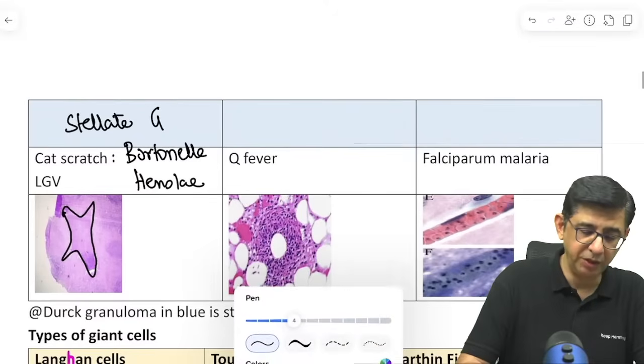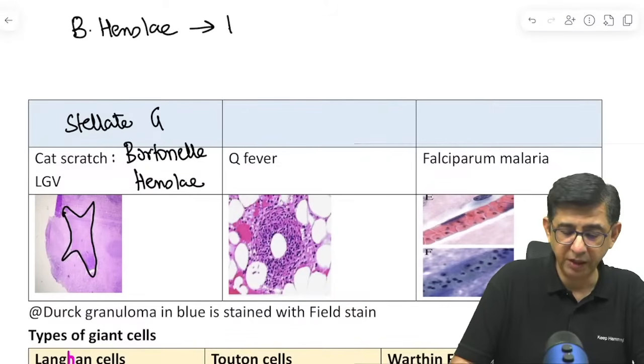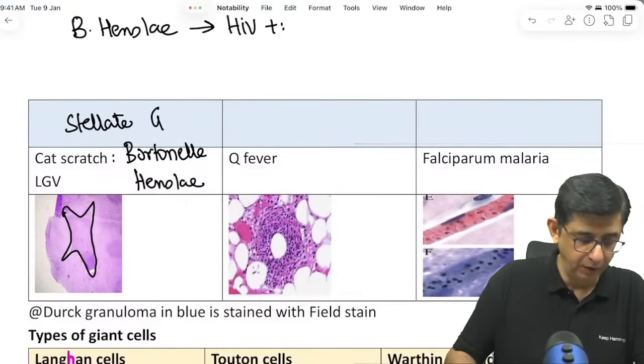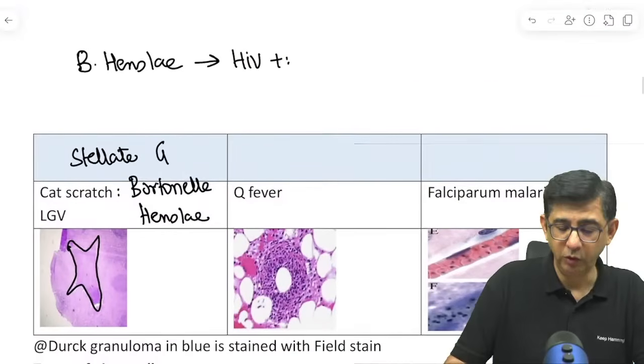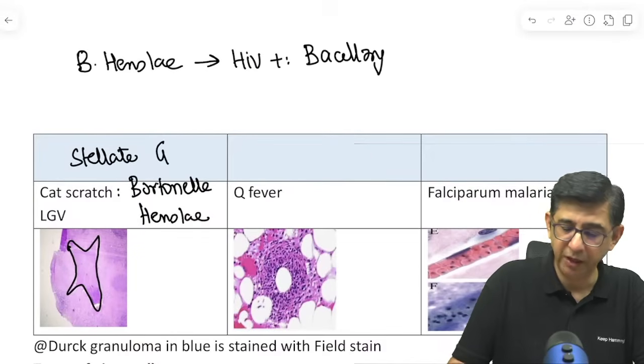Let me just attempt a few more granulomas. Bartonella henselae in an HIV positive patient causes a disorder called bacillary angiomatosis.